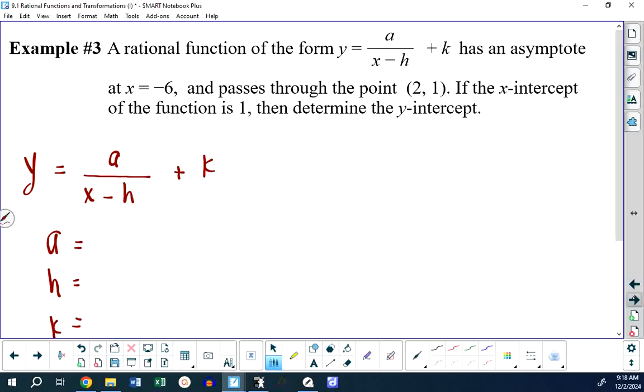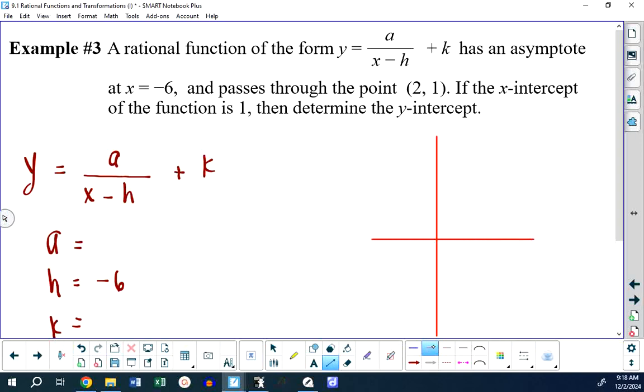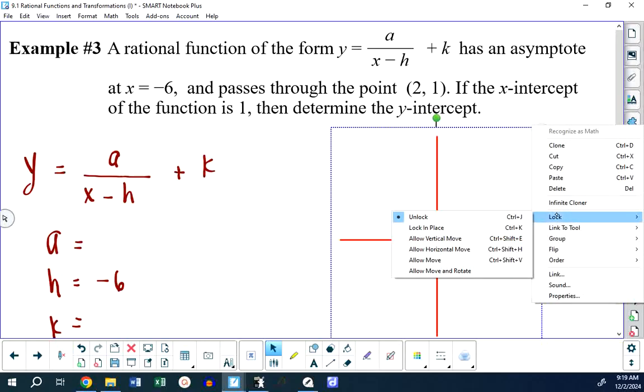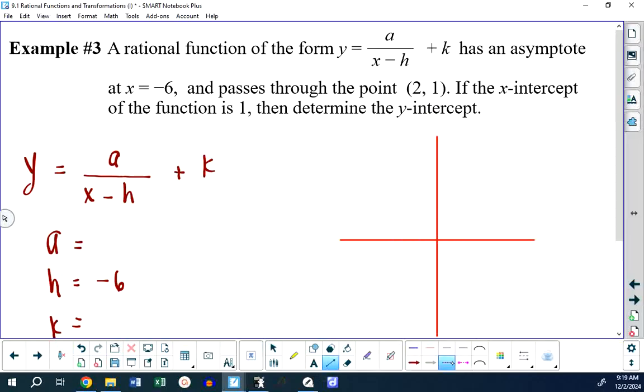So we do know one of these parameters. It's that h is -6. You're not told that that's a vertical asymptote, but once again, this is where you would find the asymptotes of 1 over x, and we have an asymptote over here at x equals -6.